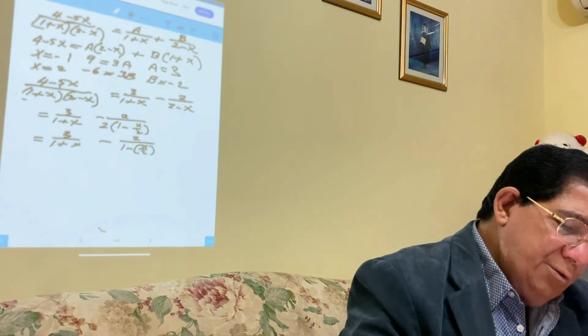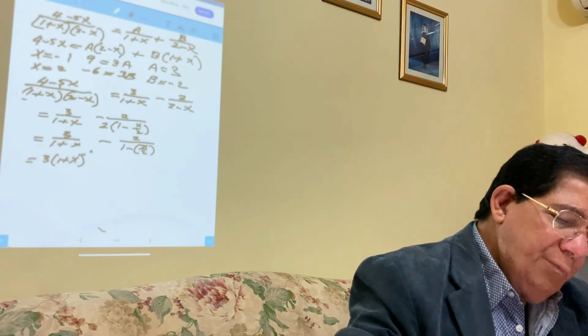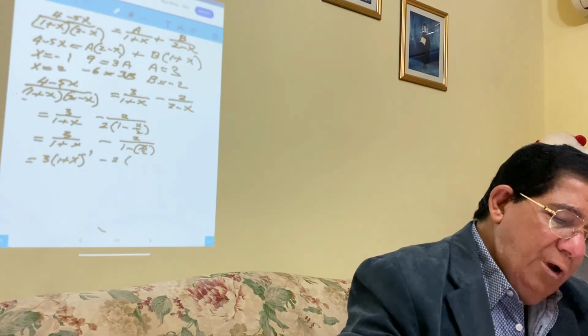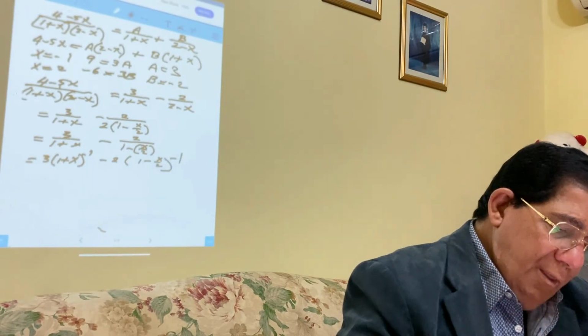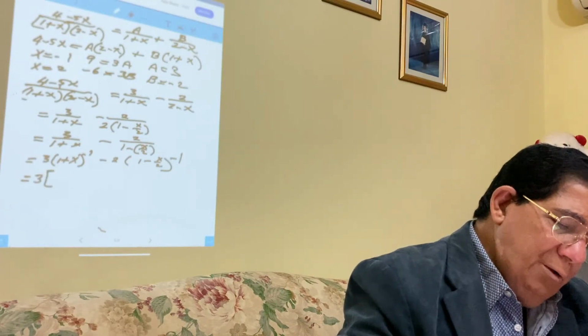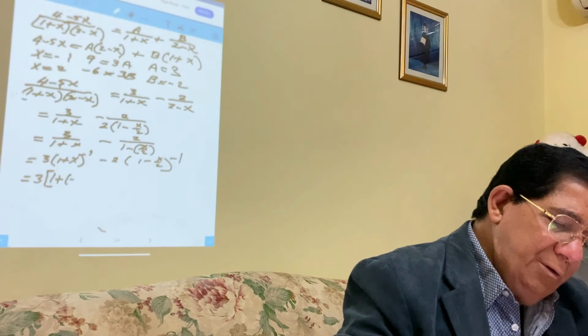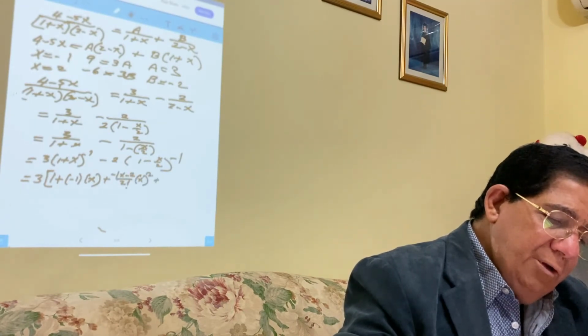We are going to say this is equal to 3 times (1 plus x) to the power -1 minus 2 into (1 minus x over 2) to the power -1. This would be equal to 3 times (1 plus -1 times x plus (-1)(-2) over 2 factorial x squared plus (-1)(-2)(-3) over 3 factorial times x cubed).